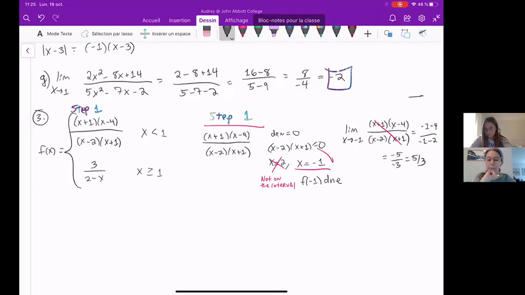What does that number tell me? You got it. F of -1 does not exist. The limit is 5/3. So those two things are not equal, which means that x equals -1 is a removable discontinuity.